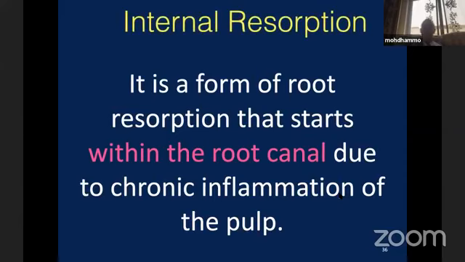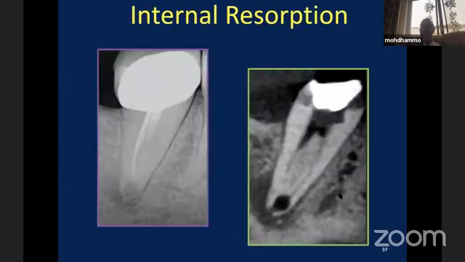So let's talk about internal resorption. It is a form of root resorption that starts within the root canal due to chronic inflammation of the pulp. So now you can notice here it is inside the root canal and it is due to inflammation of the pulp.